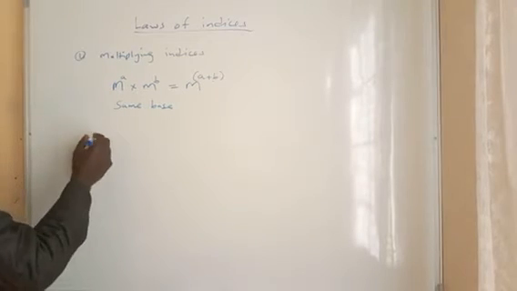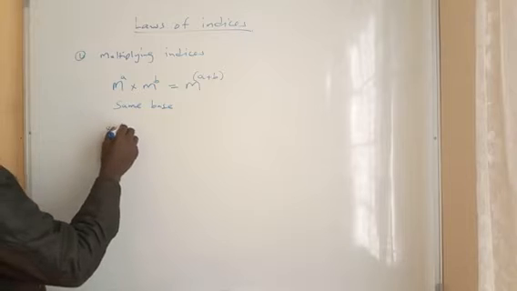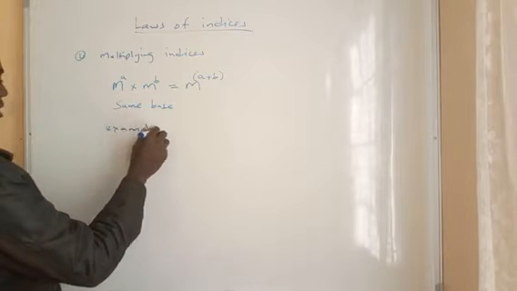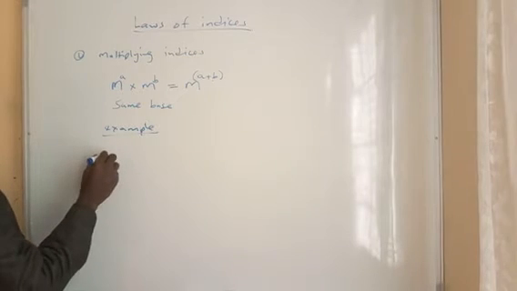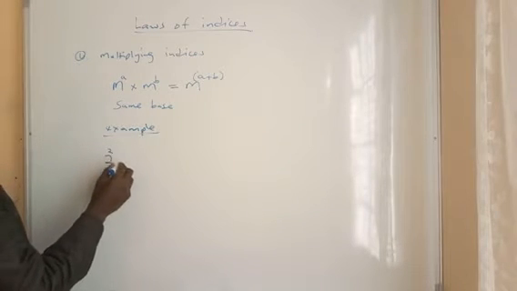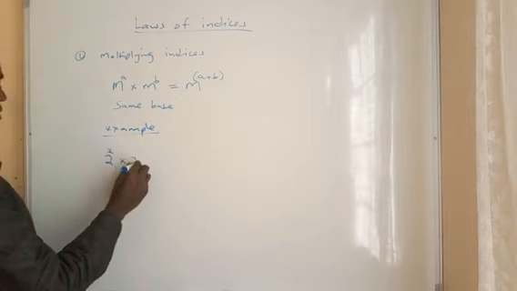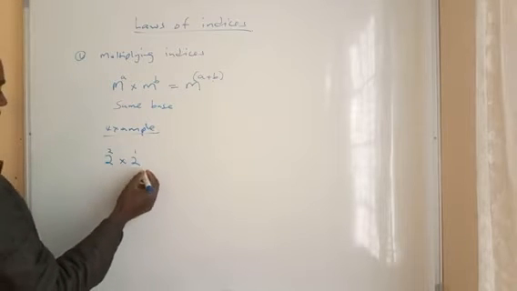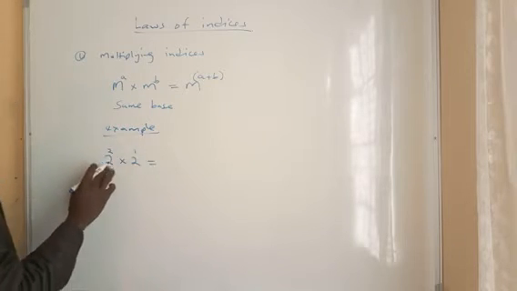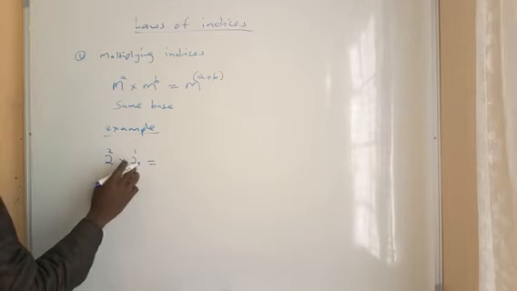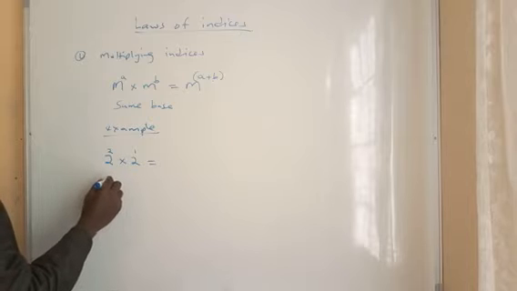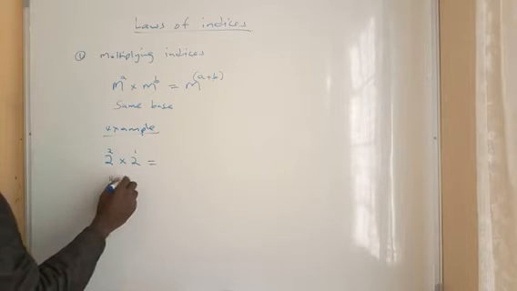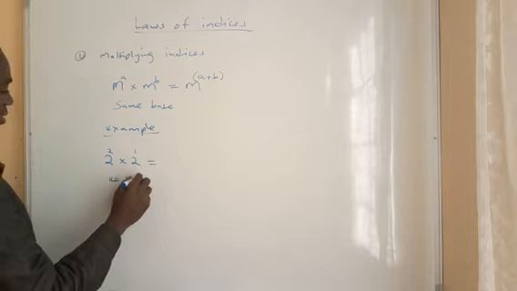Just to give examples. Example 1: if I have 2 power 2 times 2 power 1, these bases are the same, base 2.